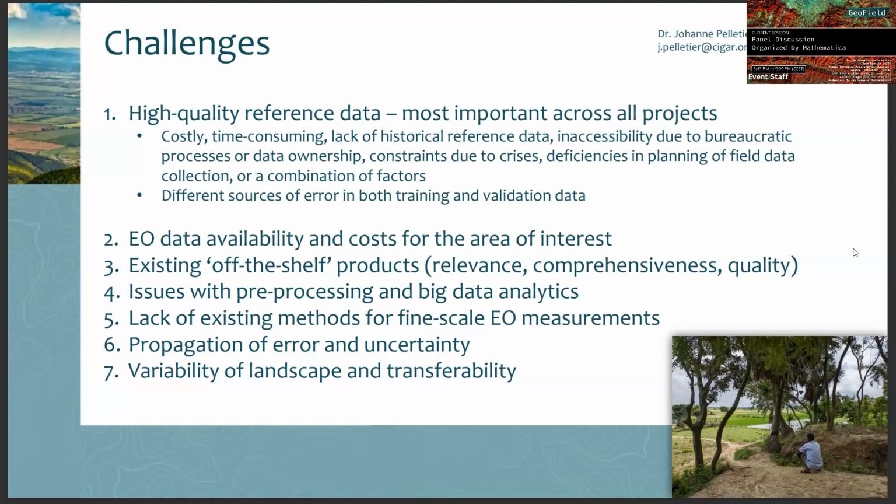In terms of Earth observation data availability, cloud coverage is definitely a problem. Sometimes you will assume that you will have information for an area at a high frequency, but then cloud cover limits your observation in reality.